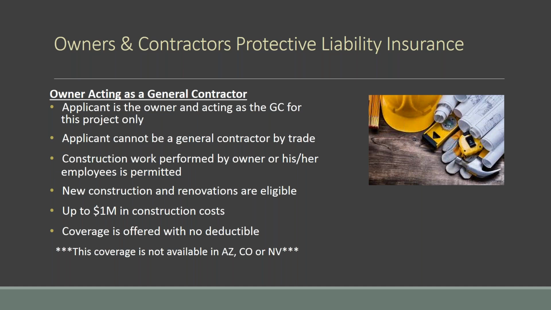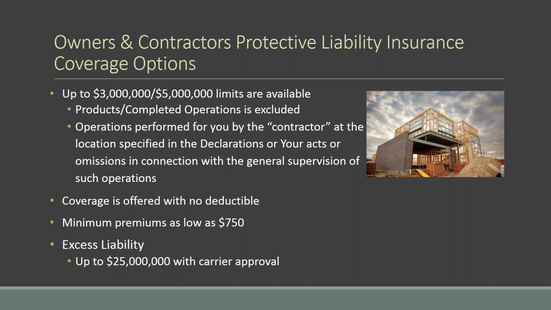Okay, perfect. Then on the owners and contractors protective liability, we write limits up to 3 million, 5 million limits. Products completed operations is excluded because we're covering the premises liability only.